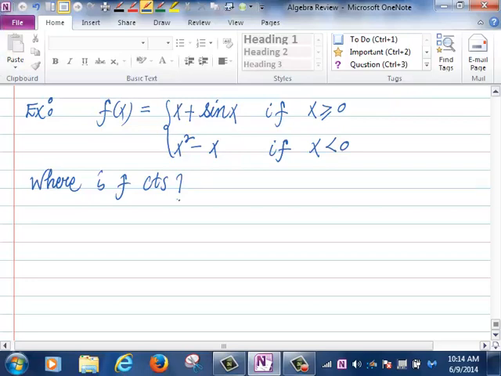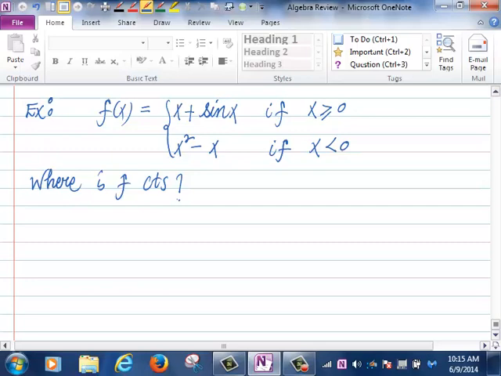So first of all, once again, if I look at the function strictly to the right of 0, so when x is larger than 0, the function is given by the formula x plus sine x. And x plus sine x is a continuous function everywhere, right? So I know that when x is larger than 0, the function would be continuous.